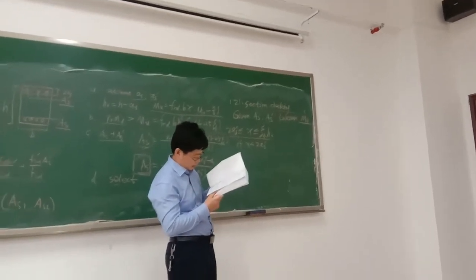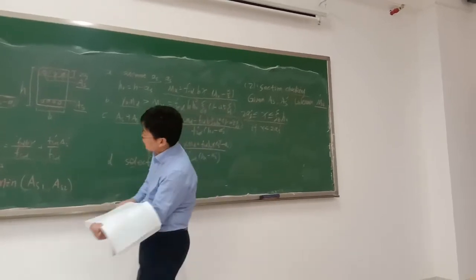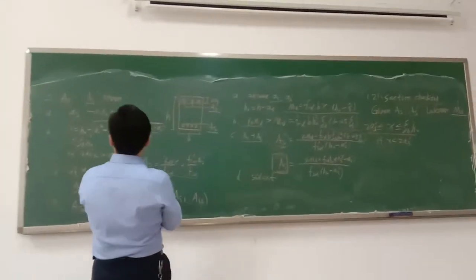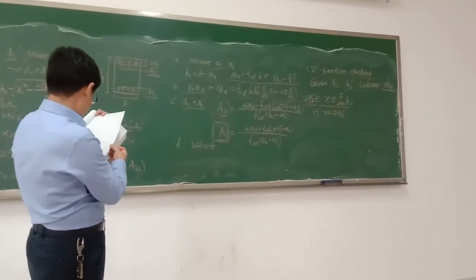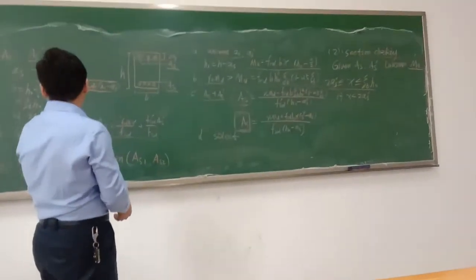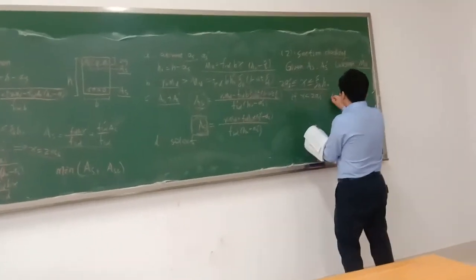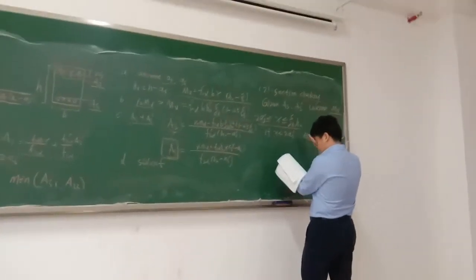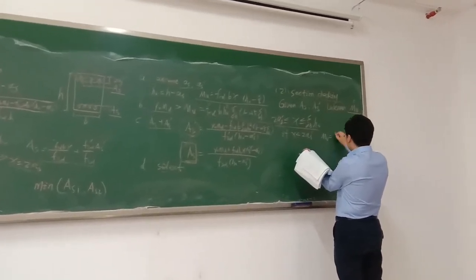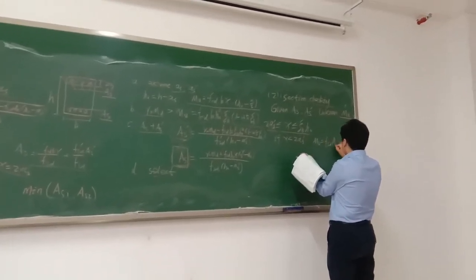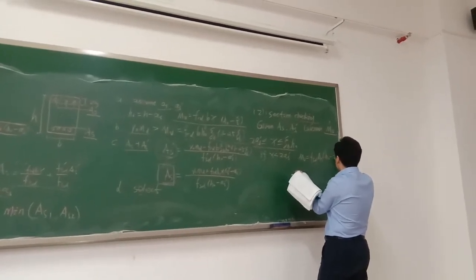What's the 3-26? It's just we write here: M_u equal to f_sd A_s (h0 minus a_s').